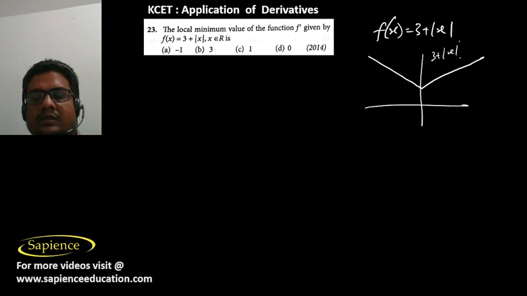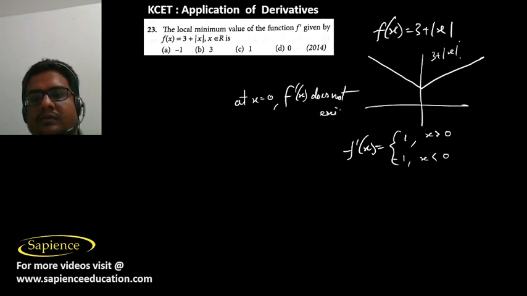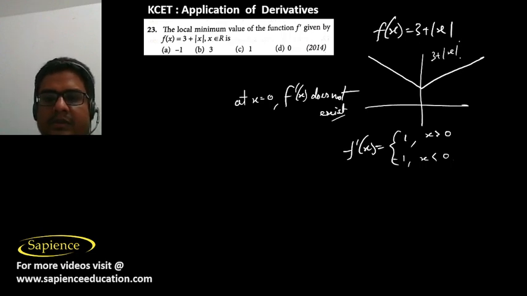So f dash x is equal to 1 for x greater than 0 and minus 1 for x less than 0, and at x equal to 0 it is not differentiable. At x equal to 0, f dash x does not exist. It means what? The local minimum value is minus 1.